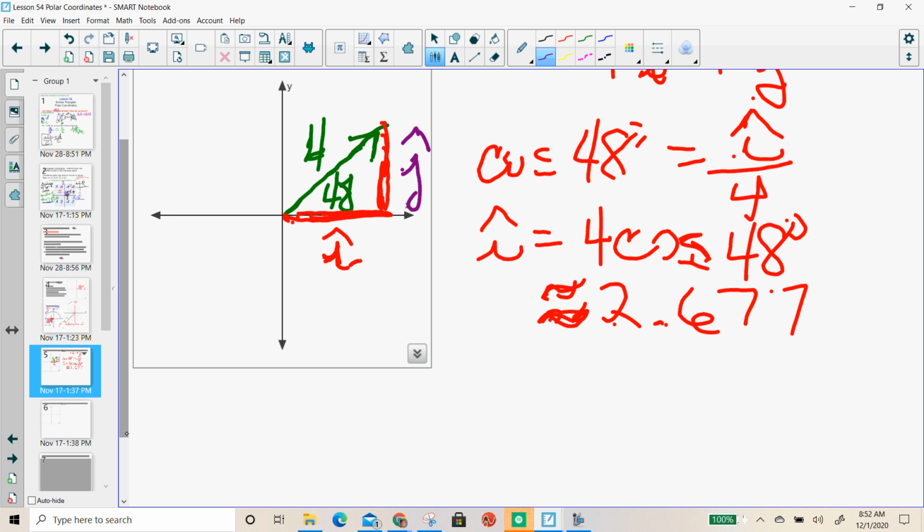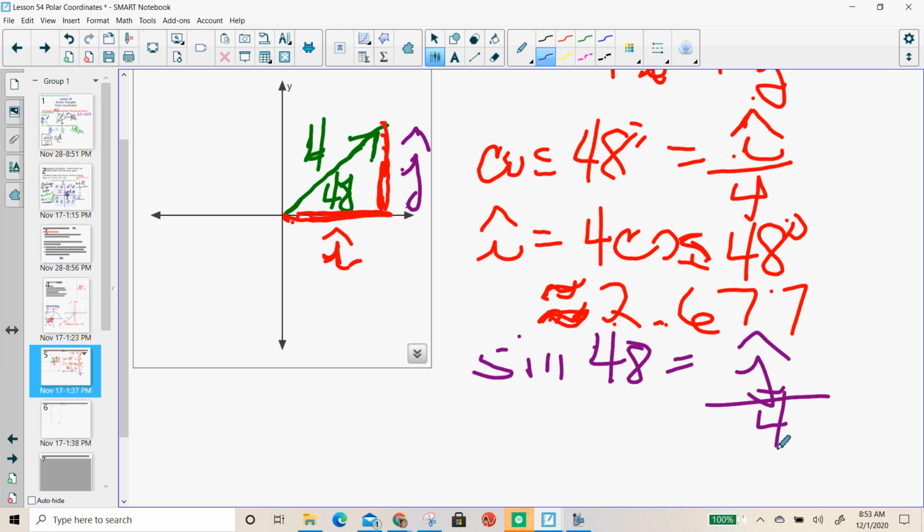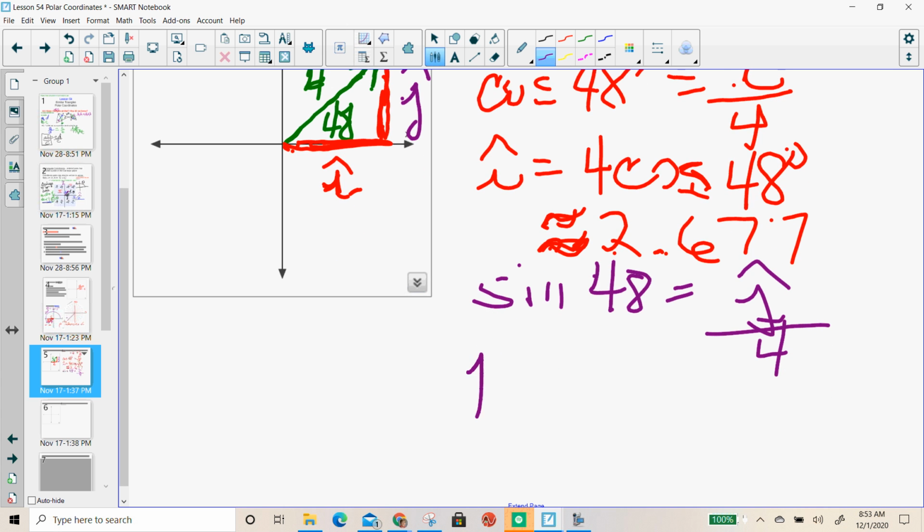What if I found it wrong, and then I'm using the wrong number, then I absolutely miss j hat also. But also 2.677 is rounded, and we never reuse a rounded number. So I'm going to say that the sine of 48 degrees is opposite j hat over hypotenuse 4. So j hat is 4 sine 48.